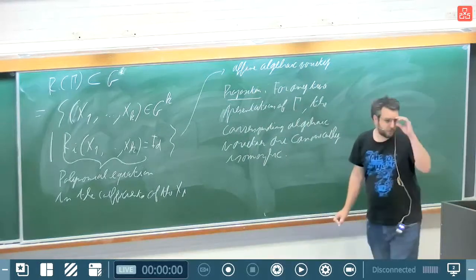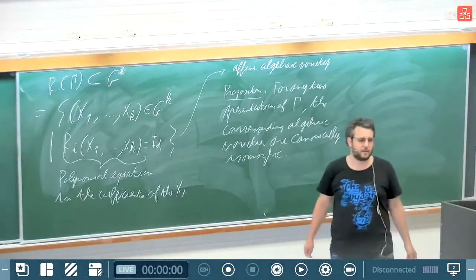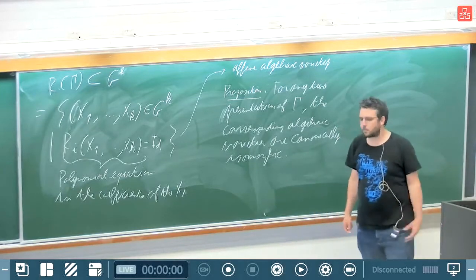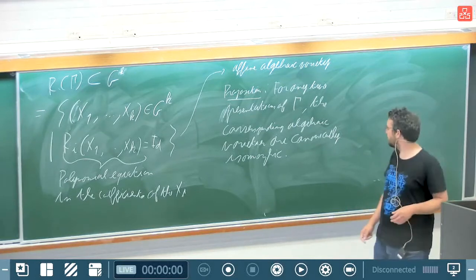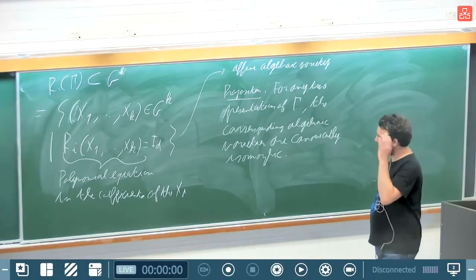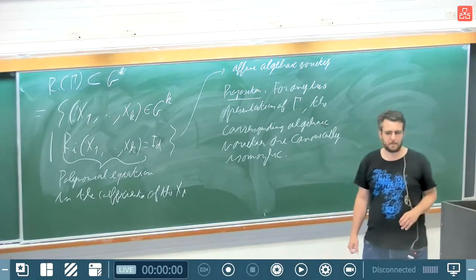So it's not obvious. If you change the number of generators, it seems that they live in even different spaces. It's maybe not too surprising they are isomorphic, but in fact they are canonically isomorphic, which is of course much stronger. So this algebraic variety structure is completely well defined from gamma.